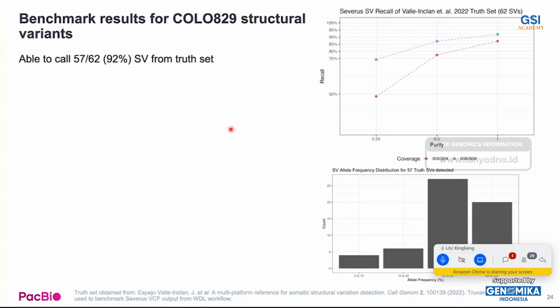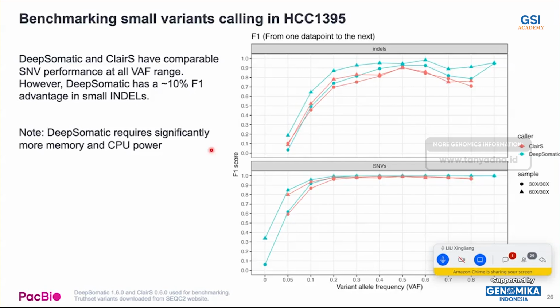So if we tune down the minimum number of supporting reads to 2 for Severus and rerun the whole testing, we can still achieve 92% recall of the true SV set. And as you can see, out of the 57 true SVs detected, we can cover some of the SVs with very low allele frequency, which is known to be challenging in SV detection.